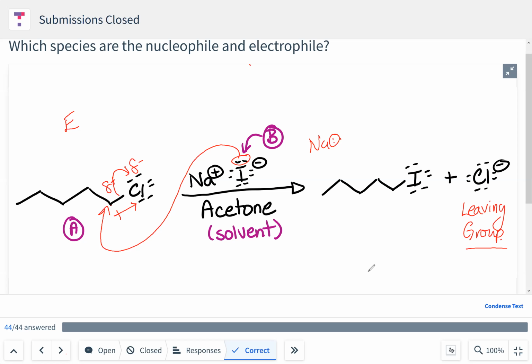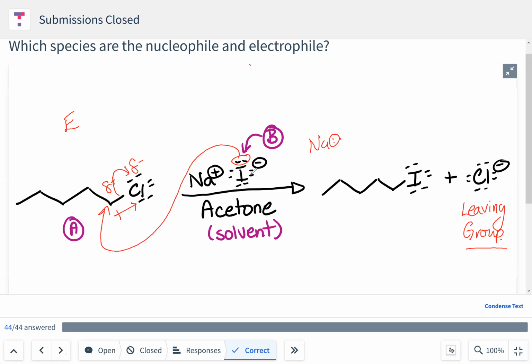Now, this reaction is really interesting in the sense that the way that this reaction works is that sodium iodide is soluble in acetone. So it can solvate this. You've got sodium and iodine. They're both solvated by the molecule. So iodine's free to move around and attack stuff.